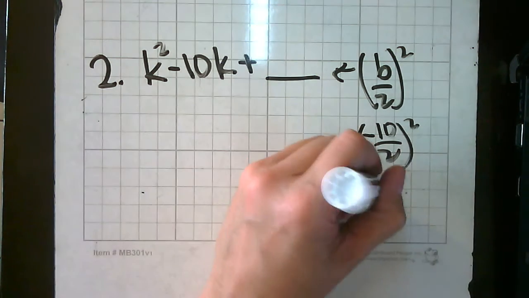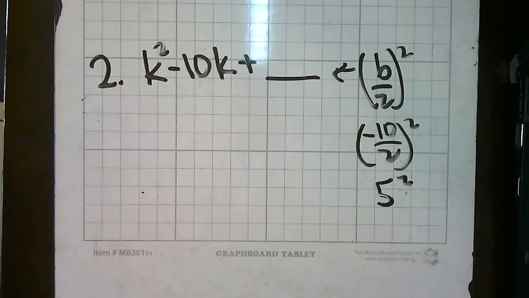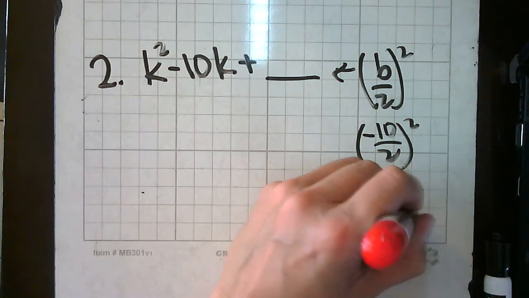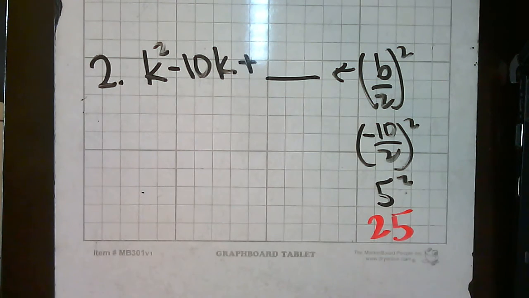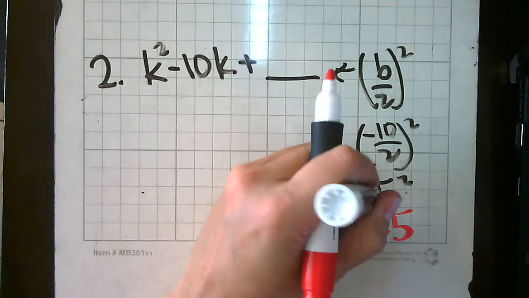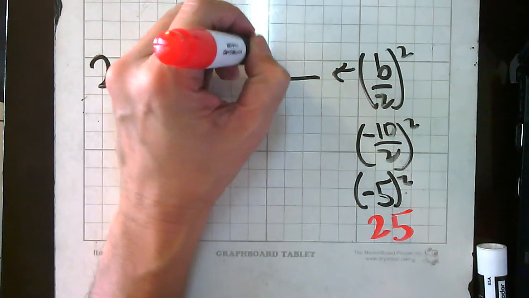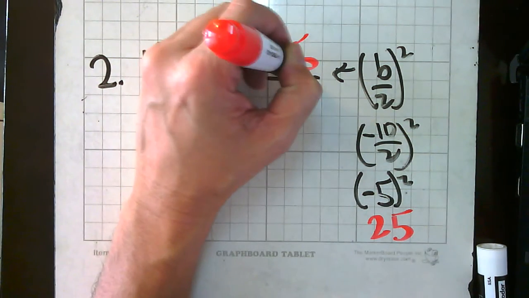Negative 10 divided by 2 gives me negative 5 squared, and negative 5 times negative 5 is still going to give me a positive 25. So in here we're going to put positive 25.